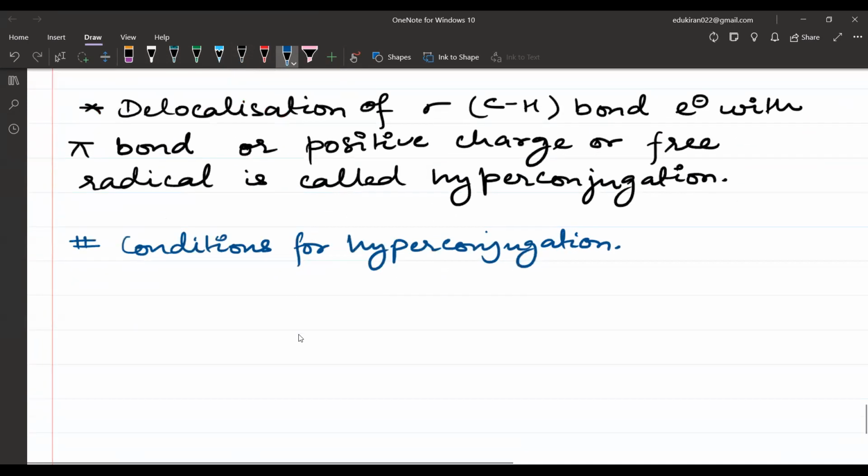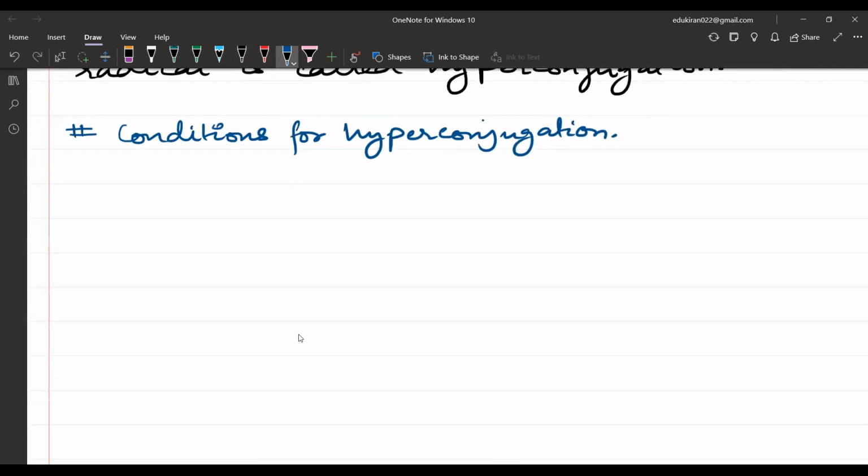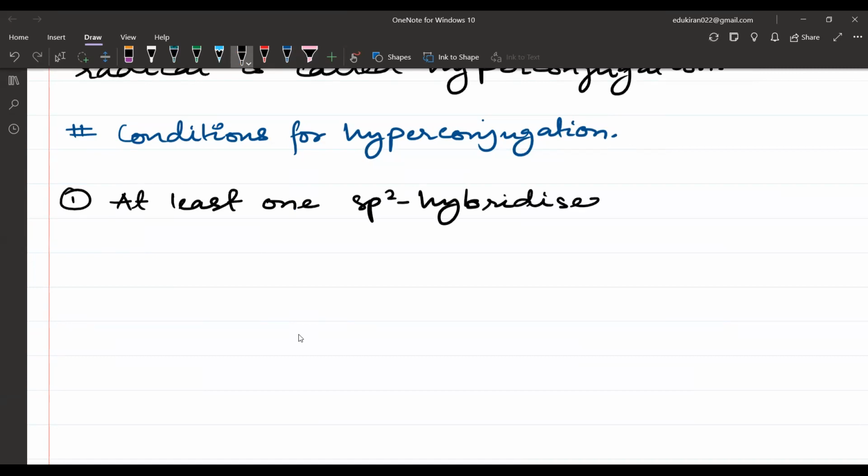Conditions for hyperconjugation. Please write with me. Number one condition: at least one sp2 hybridized carbon atom should be present.